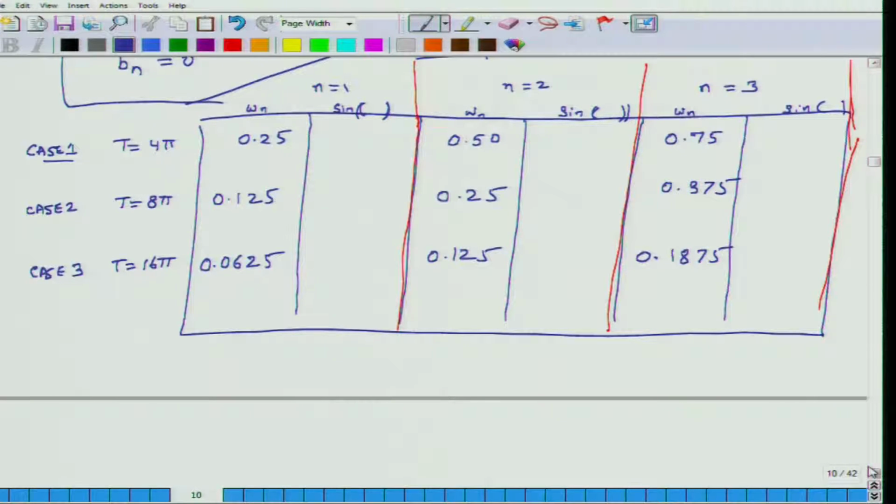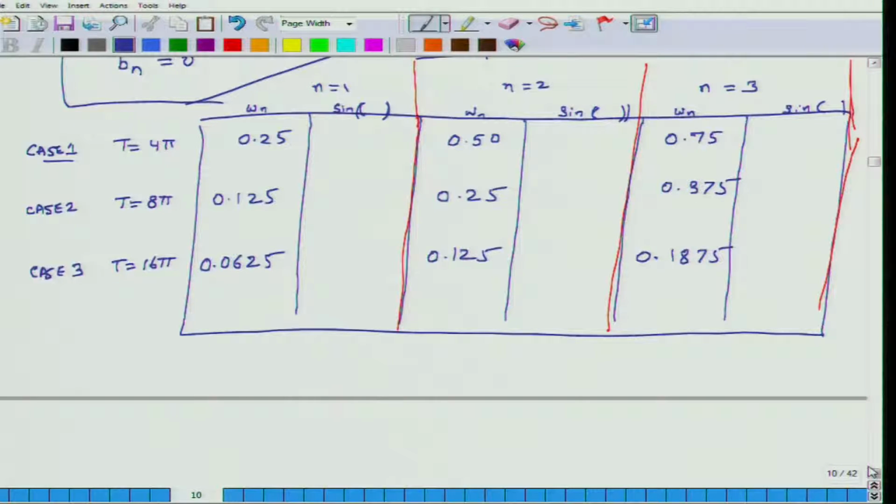When I increase my time period to 16 pi, I have increased it by another factor of 2. Then the first omega n is at 0.0625, the second omega n is at 0.125. So again, the spacing has shrunk by a factor of 2 one more time.